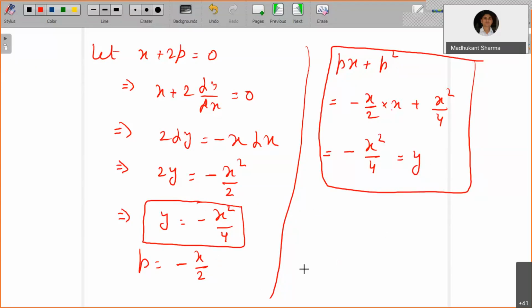Similarly, you can go for another case, y equals px plus sin p, and so on. Sir, will the arbitrary constant not come when we integrate? No, because we are talking about the singular solution. The arbitrary constant will come in the general solution part.